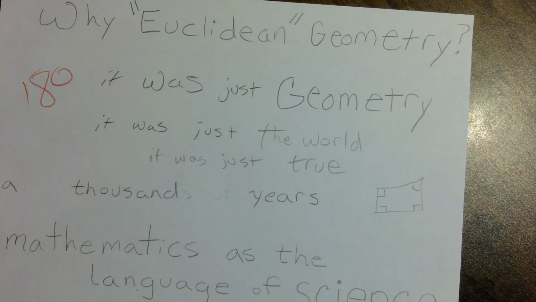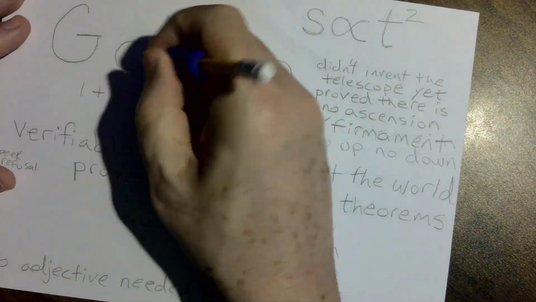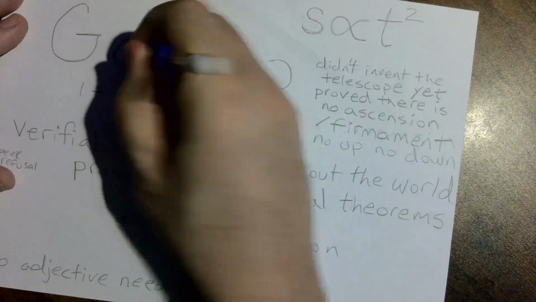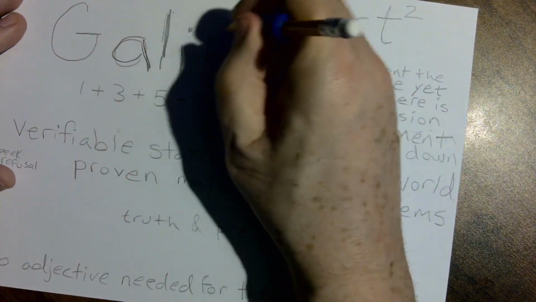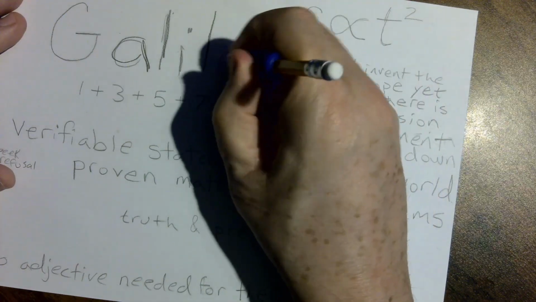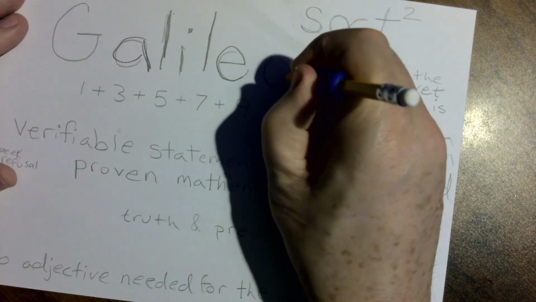And if one looks at mathematics as the language of science, then we'll go back to Galileo. Now, Galileo did not invent the telescope. He heard about the invention of the telescope.